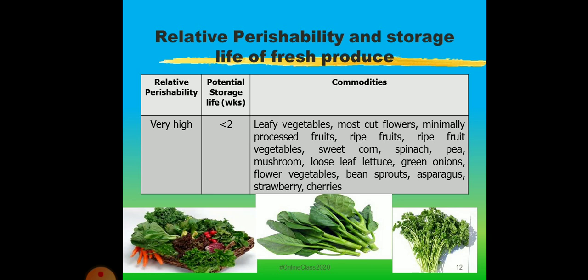So we have here relative perishability and storage life of fresh produce. The very high perishables can only withstand less than 2 weeks. As I mentioned earlier, these are the leafy vegetables, cut flowers, processed fruits, ripe fruits, ripe fruit vegetables, spinach, peas, mushroom, etc. Less than 2 weeks ang kanilang storage life.